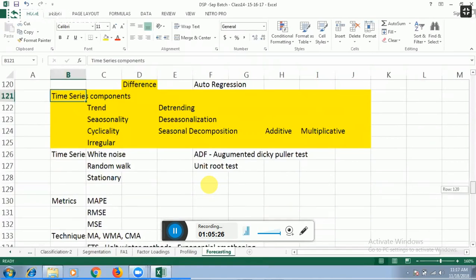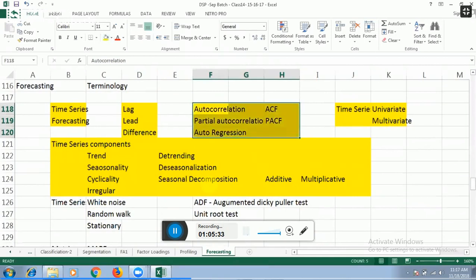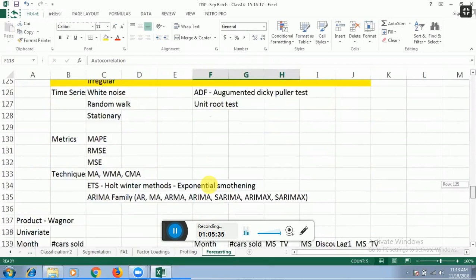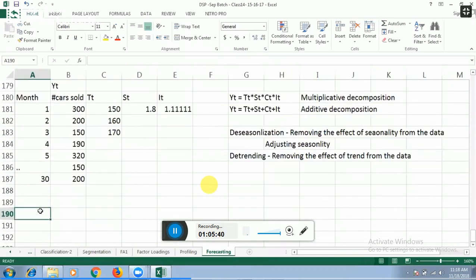Okay, now let's understand these terminologies. Suppose you have monthly data. Now what is autocorrelation?